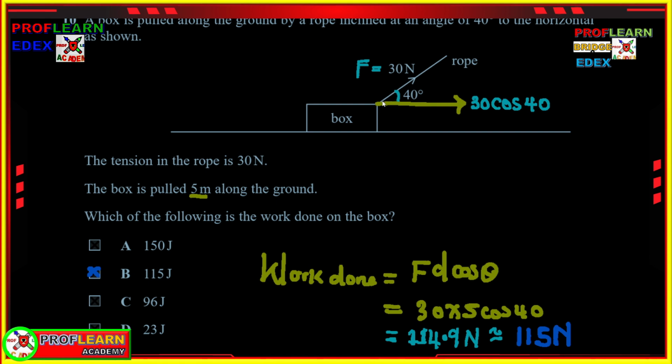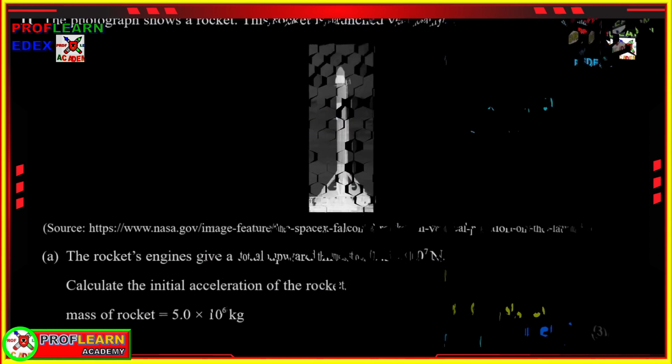This force is acting at an angle, so to calculate the work done to move it 5 meters along the ground, we have to work out the horizontal component of this force, which is 30 cos 40. Then work done is force times distance, and our distance is d cos theta. When we substitute, we get our answer as 115 newtons.